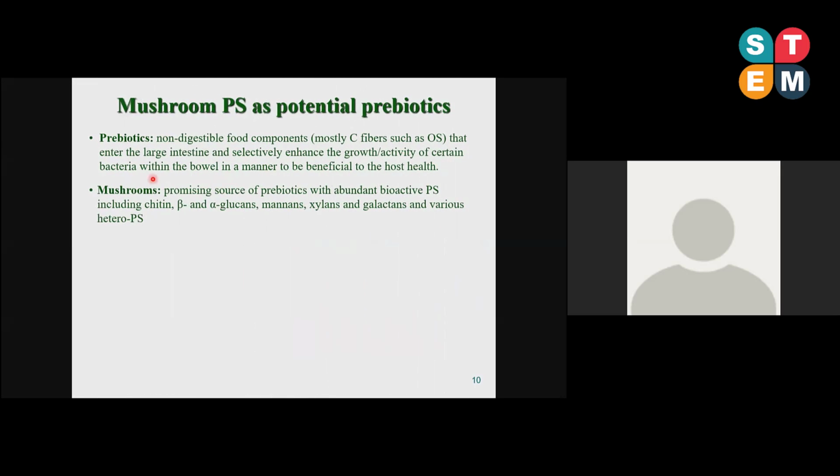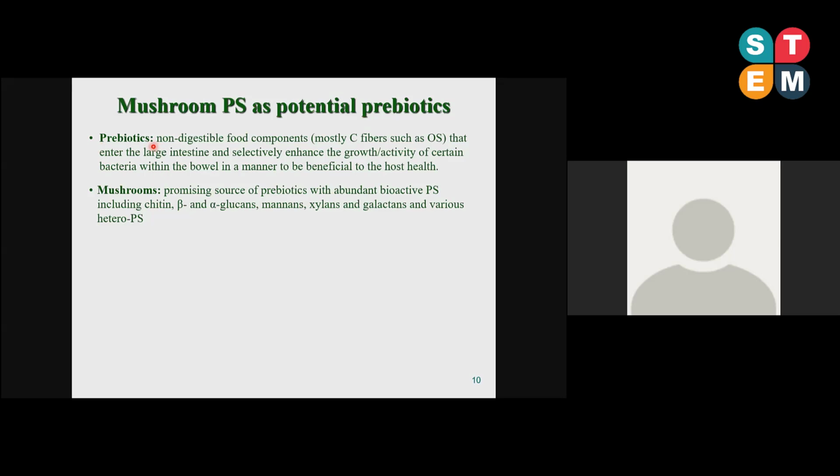Recently many scientists and researchers have indicated that mushroom polysaccharides can be potential prebiotics. What are prebiotics?